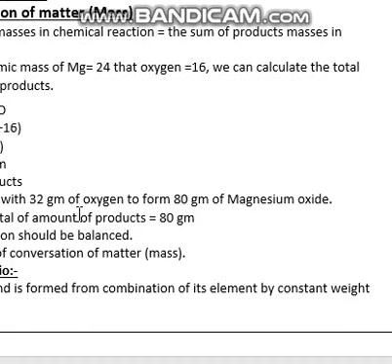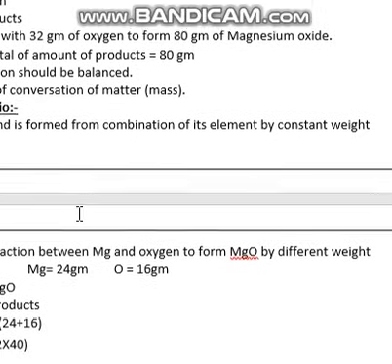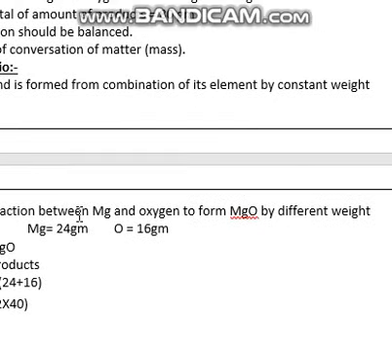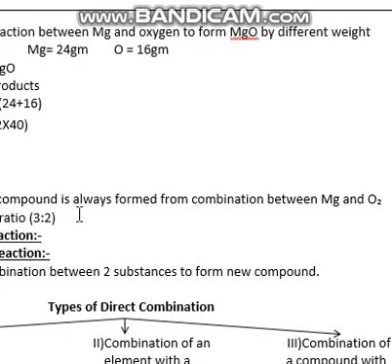Another law is the law of constant ratio. The law of constant ratio says that a chemical compound is formed from the combination of its elements in a constant weight ratio. You write the ratio between the magnesium and oxygen to solve this problem by achieving the law of constant ratio. During the chemical reaction between magnesium and oxygen to form magnesium oxide, magnesium is equal to 24, oxygen equal to 16.